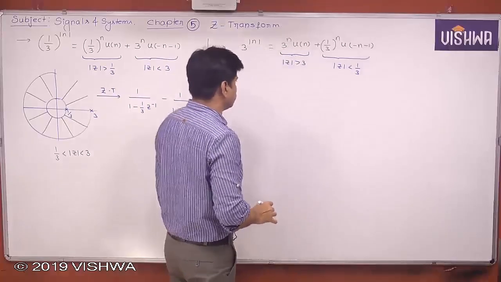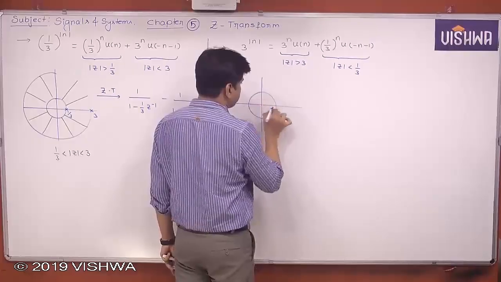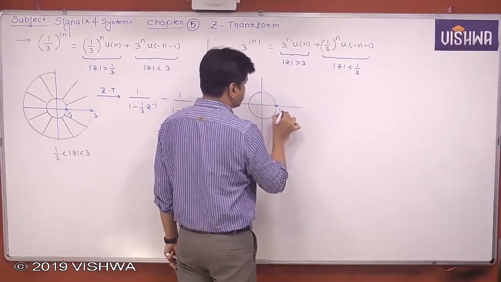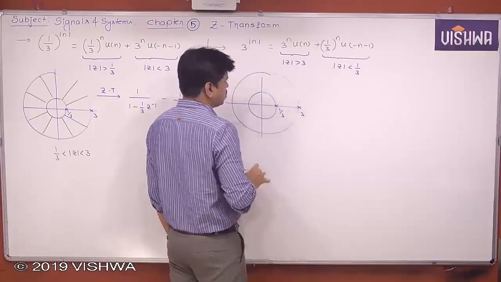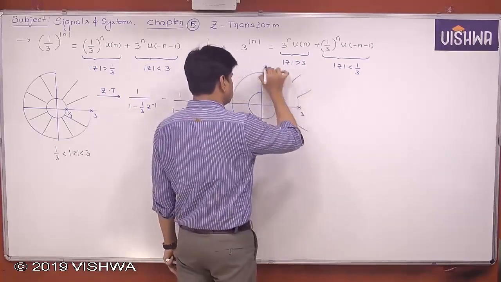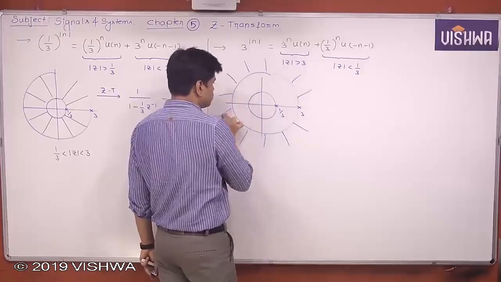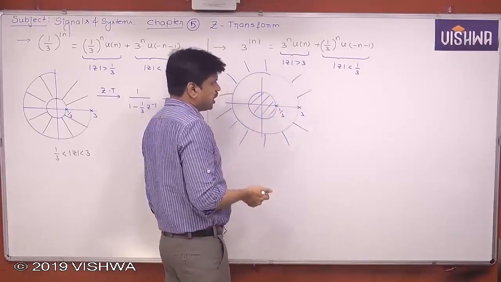So let's check whether we have the common ROC or not. This is 1 by 3, this is 3. Mod z greater than 3, that means this is the one. Mod z less than 1 by 3, this is the ROC. So do we have the common ROC?